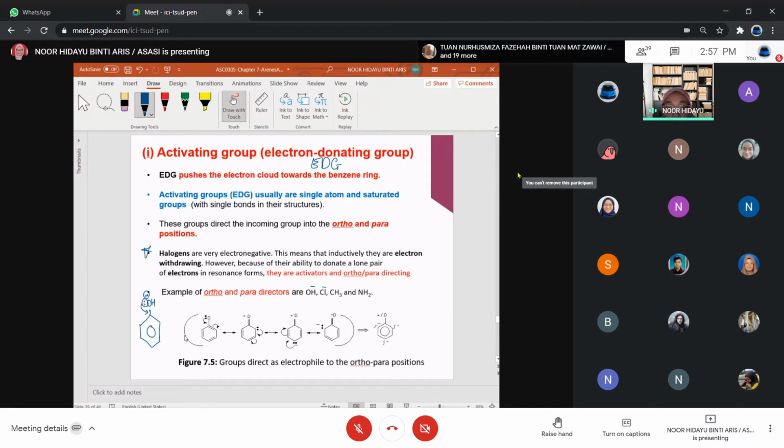Okay, so what happened? The delocalization starts to occur. Okay, structure of benzene sendiri dah boleh buat the delocalization. But then with the presence of the initial substituent, kalau dia punya effect tu adalah donating group, okay, dia akan donate dia punya electron. So this donating group will donate its electron towards the benzene.